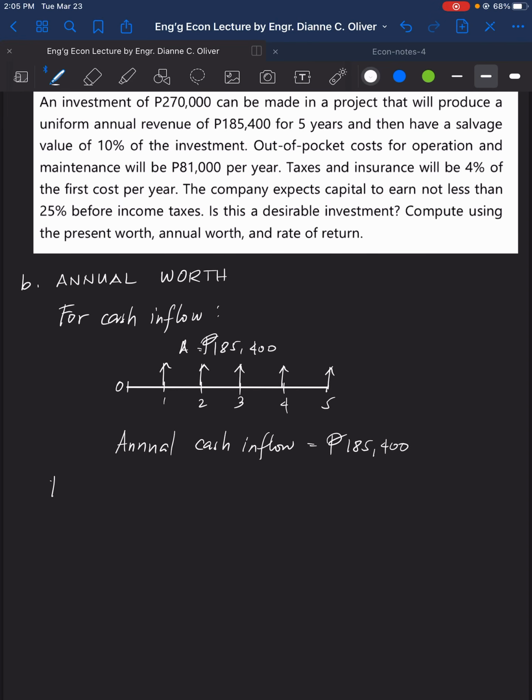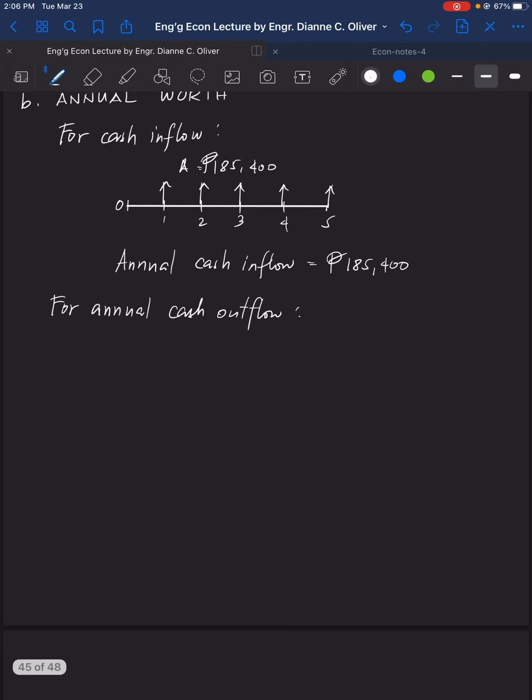So for annual cash outflow, this is 0, 1, 2, 3, 4, 5.